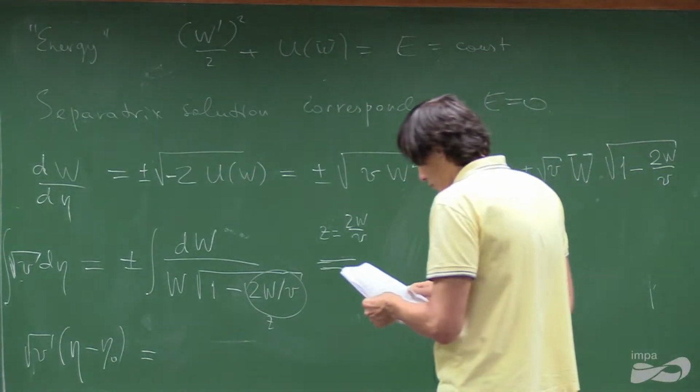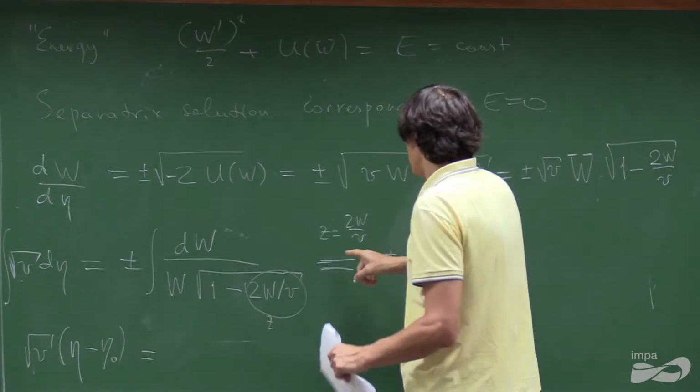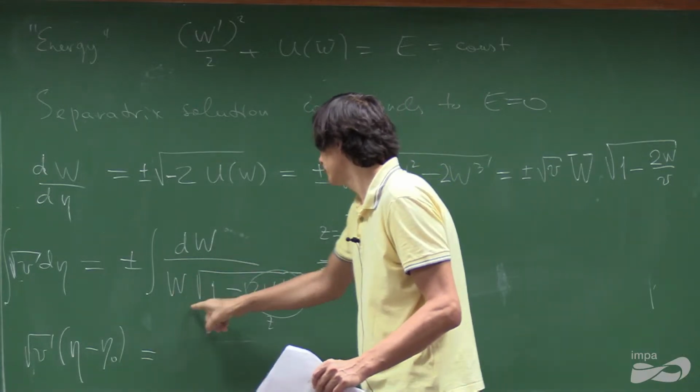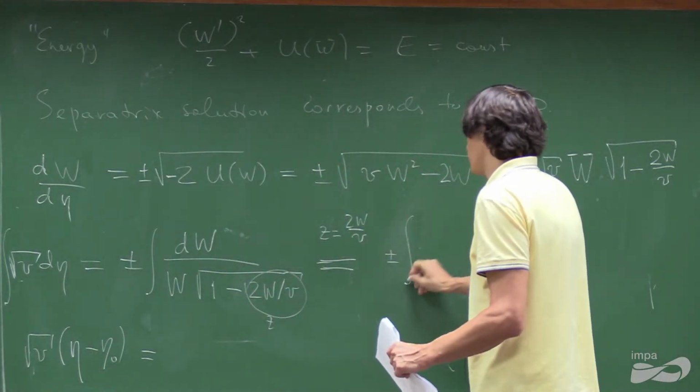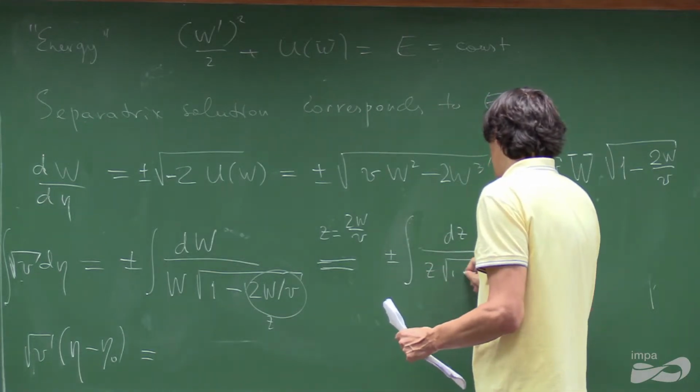And then it will be plus minus the integral. So the coefficients will cancel from these two, and this will be just the integral dz over z times the square root of 1 minus z.